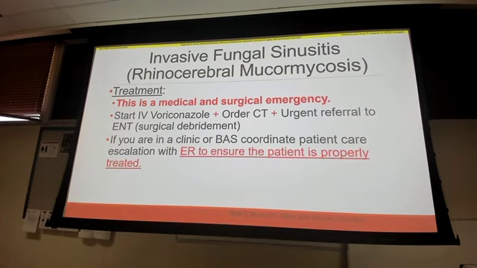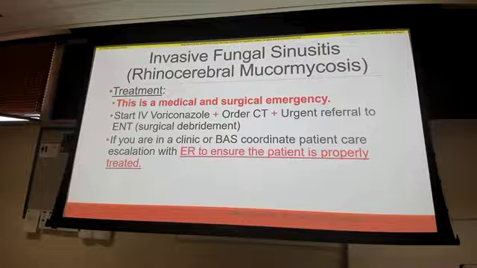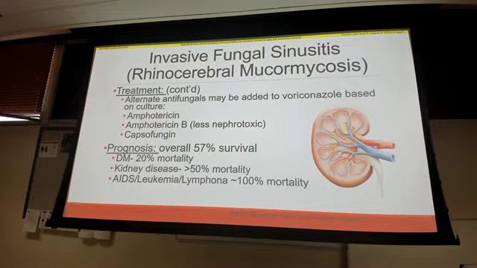Treatment: this is a medical emergency and it requires surgery. We're going to start voriconazole, order a CT, and get ENT and ophthalmology involved. If we are in a clinic setting, we want to refer them to the ER or ENT and ophthalmology because there's nothing we can do for this patient there. These are some alternative antifungals.